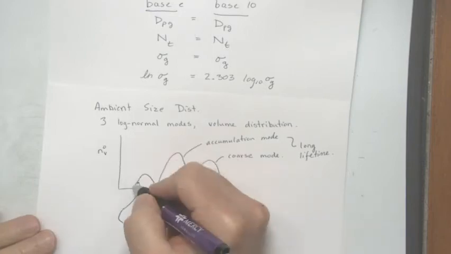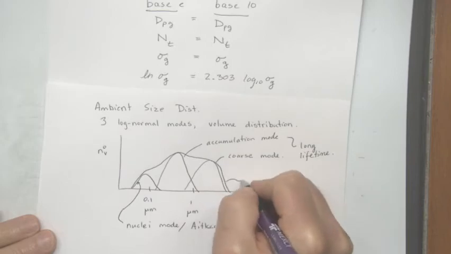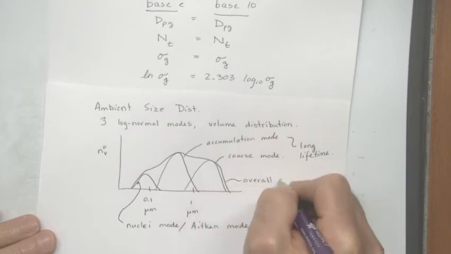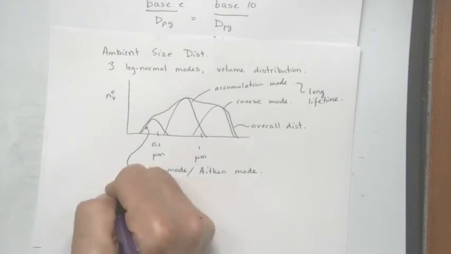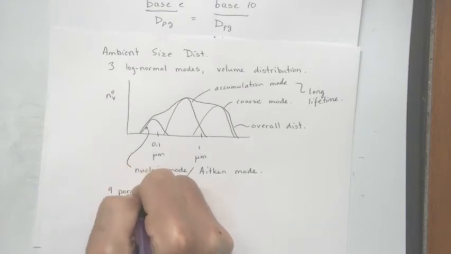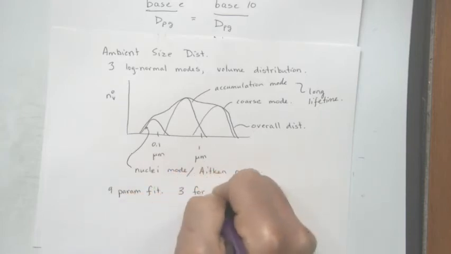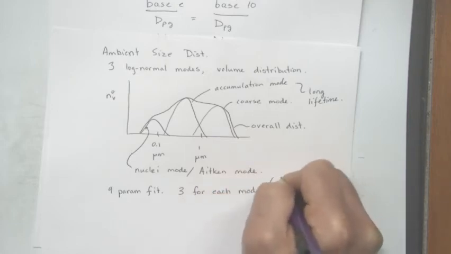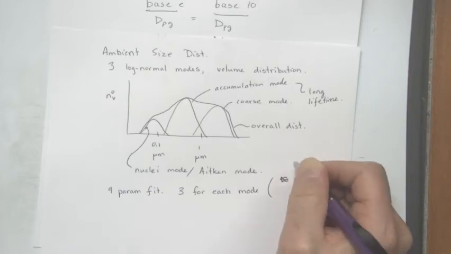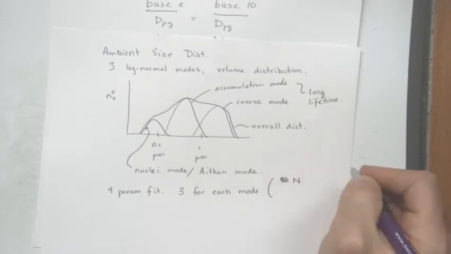And when you add these together, you get an overall size distribution that looks like that. And because we built this from 3 log normals, we can represent it with 9 parameters. So there's a 9-parameter fit here. And it's 3 for each mode. And that's going to be total volume. Well, we're going to switch back to the number representation.